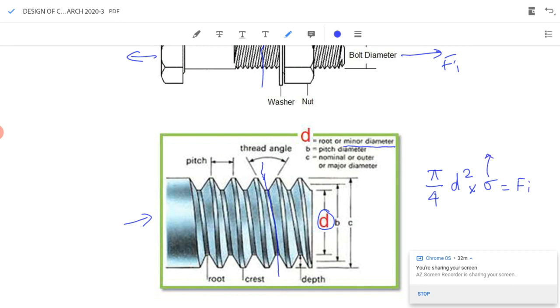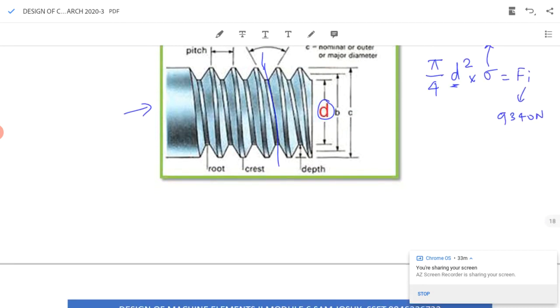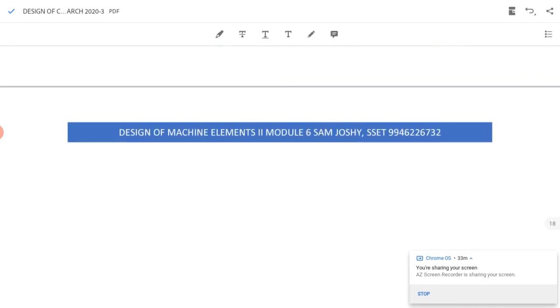Are we given the value of sigma? Yes. In the question it is given the value of sigma equal to 60 megapascal, 60 Newton per mm square, and we have found the value of Fi equal to 9340 Newton. Can you find d, that is the root dia or the minor dia? Yes. We can find the minor dia. We can substitute in the equation. So I will rewrite that equation.